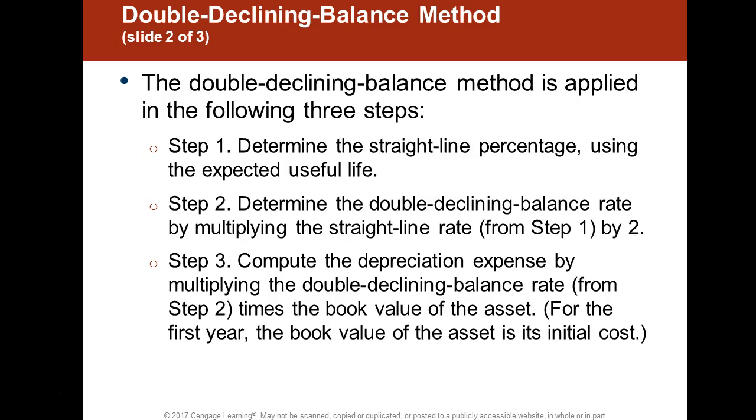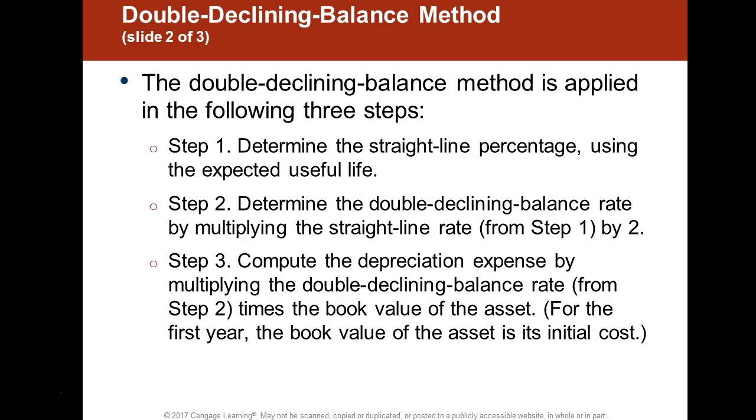It will not change. However, we want to compute the depreciation expense. So step 1 and step 2 are already done. Step 3 then, compute the depreciation expense by multiplying the double declining rate times the book value of the asset. And remember, this particular method is going to consider the book value.